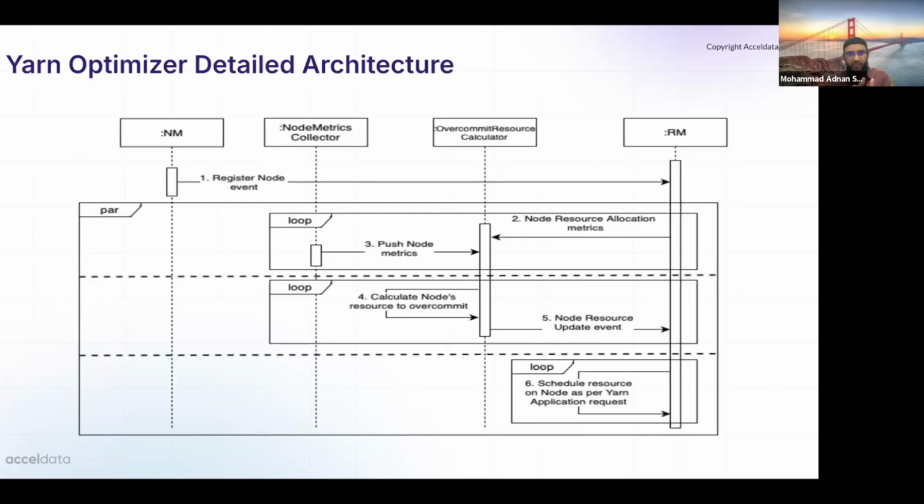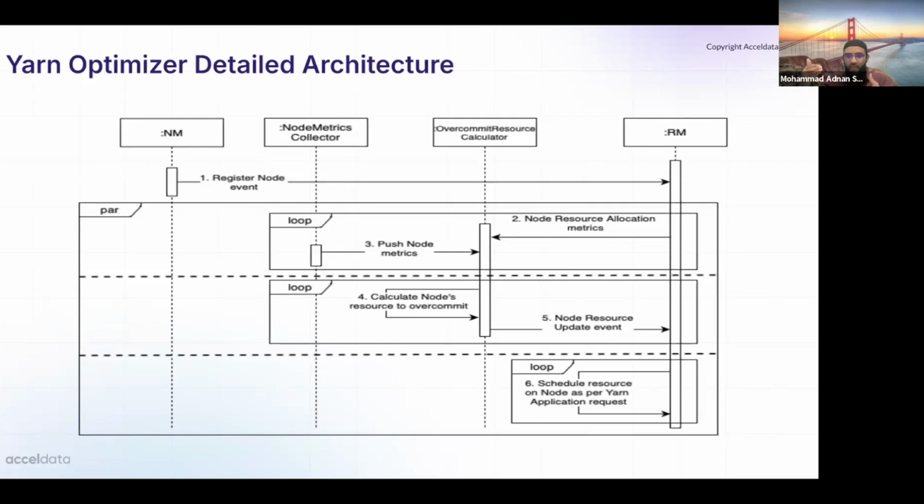So as default, the first step is it registers any new event to the RM. Now RM will send back the resource allocation metrics to the overcommit resource calculator, which will eventually also send it to the node metrics collector. Node metrics collector will also get its data, right? It will also push its metrics to the overcommit resource calculator. We will come up with an overcommit ratio, and then we pass it on to RM.